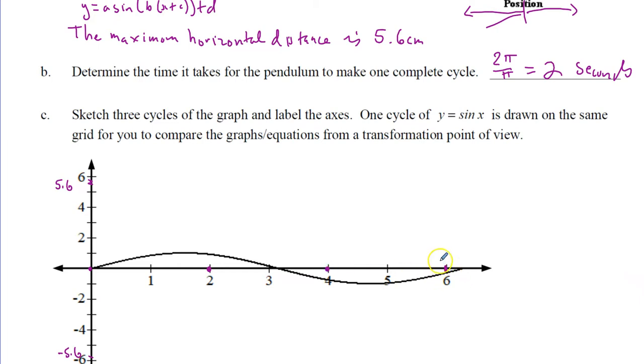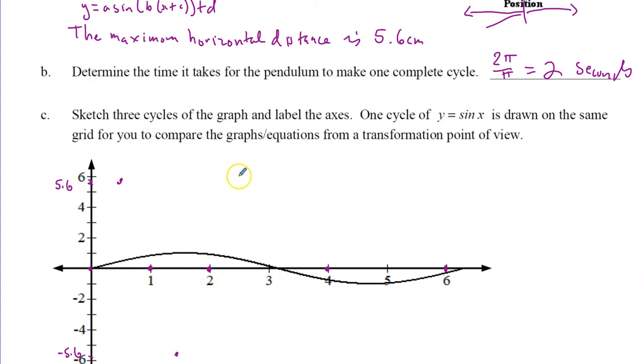A sinusoidal curve is split into 4 parts. So if we split 2 seconds into 4 parts, each of those will be a half of a second. So in a half a second, you'll reach the maximum. At the next half second, or 1 second total, you'll be back at the midline. And the next half second, you'll be down at the minimum.